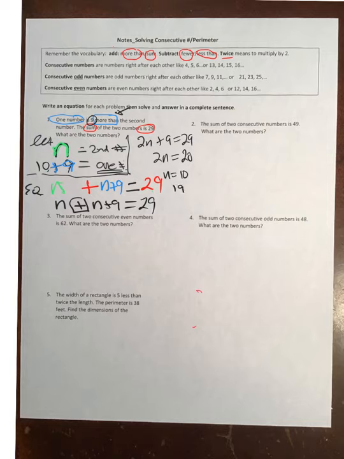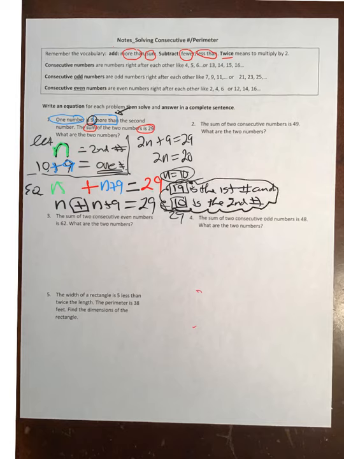So 19 is the first number and 10 is the second number. Isn't the first number 9 more than the second? And if you add those up, don't you get 29? So we really do have the right answer. You should always write your answer in a complete sentence.